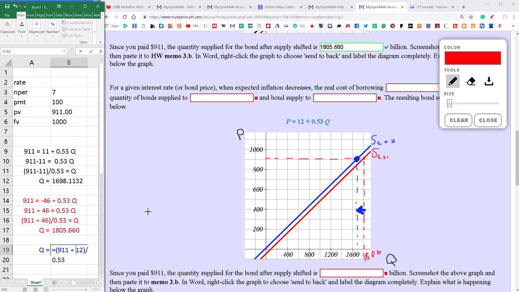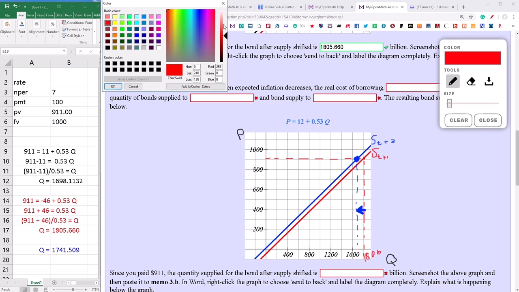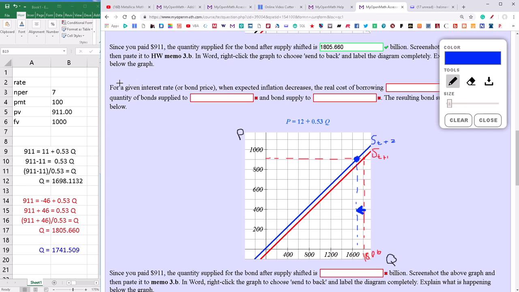The price is being held constant at 11. The slope hasn't changed. So the new quantity is 1741.5.